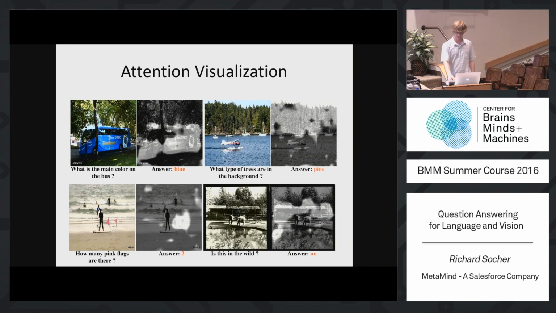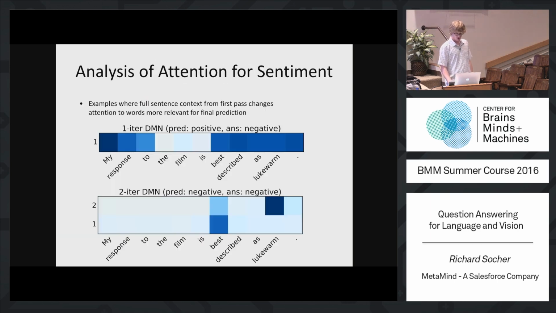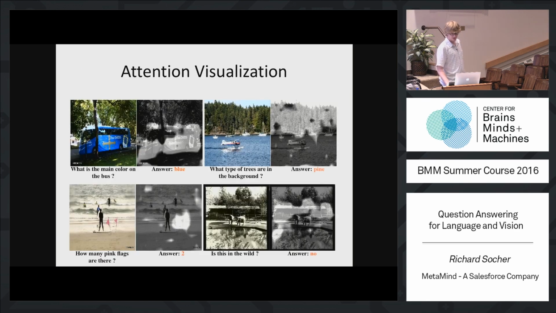So this is kind of the visual equivalent of these plots, where the brighter the area is, the more the model paid attention to that area of the image. And this is completely unsupervised in terms of the attention. Like you don't have segmentations or something like that. It's just at training time, you have the image, the question, and the answer. And you have to figure out which parts of the image you have to pay attention to answer the question correctly.